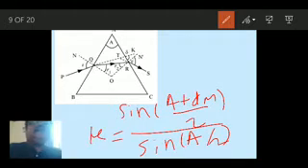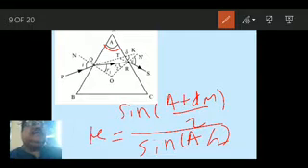Here A is the angle of prism. This one A is angle of prism, that is nearly 60 degree, and dm is the angle of minimum deviation. So what is angle of deviation? Angle of deviation is the angle through which an incident ray of light undergoes change in its direction.